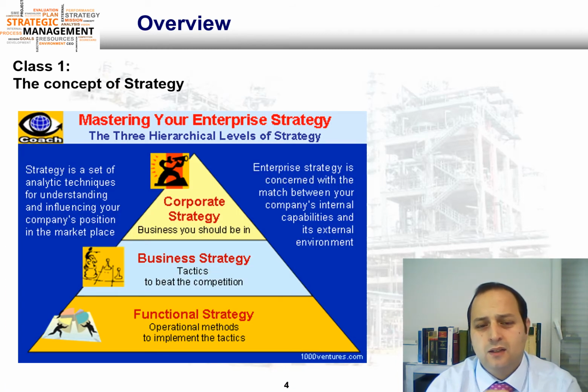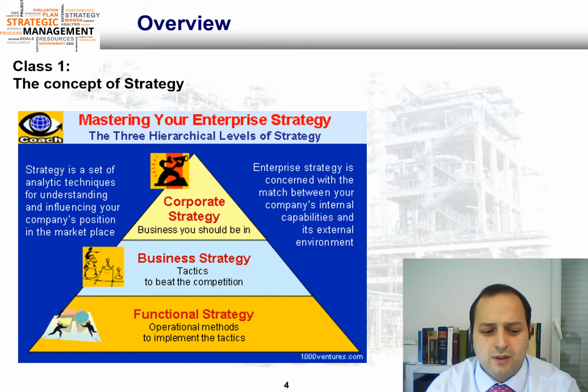And finally, in class 1, we studied the 3 levels of strategy: the corporate level, the business level, and the operational strategy level. In the corporate strategy level, we decide in which businesses we shall be in or out, so in which business our company has to participate.